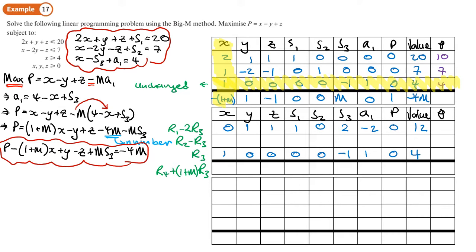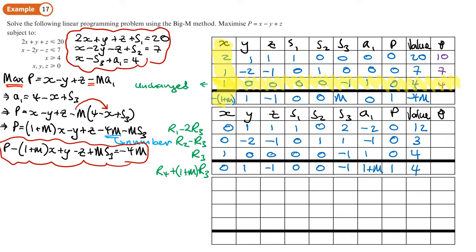Row 2 now becomes 0, negative 2, negative 1, 0, 1, 1, negative 1, 0, and 3. And then the bottom row becomes 0, 1, negative 1, 0, 0, negative 1, 1 plus m, 1, and 4.